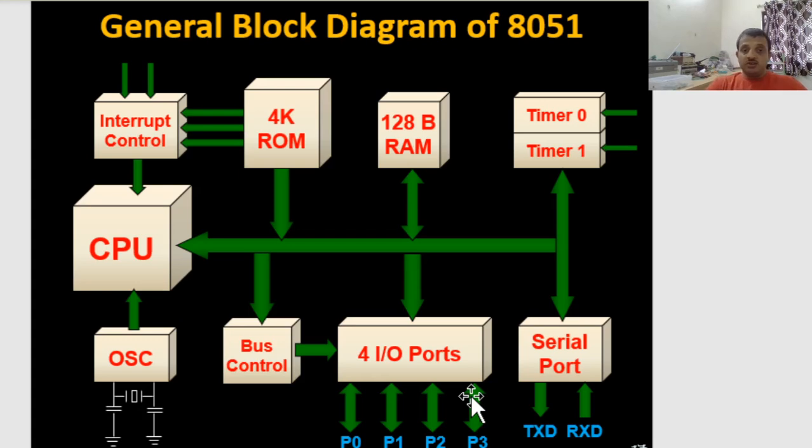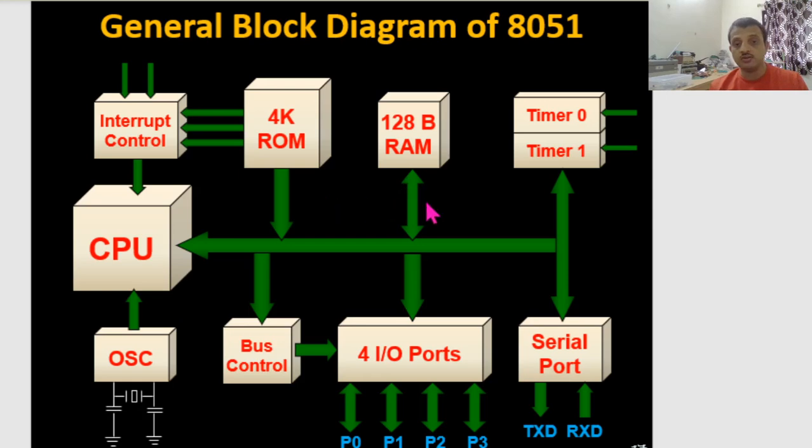Moving on to the next, the most important aspect is the block diagram. The CPU is the main block of the 8051 microcontroller. As you can see, this is the data line, a common data line which connects with all the blocks. It has the CPU, and next is the ROM, where the 4 kilobyte program memory is addressed.